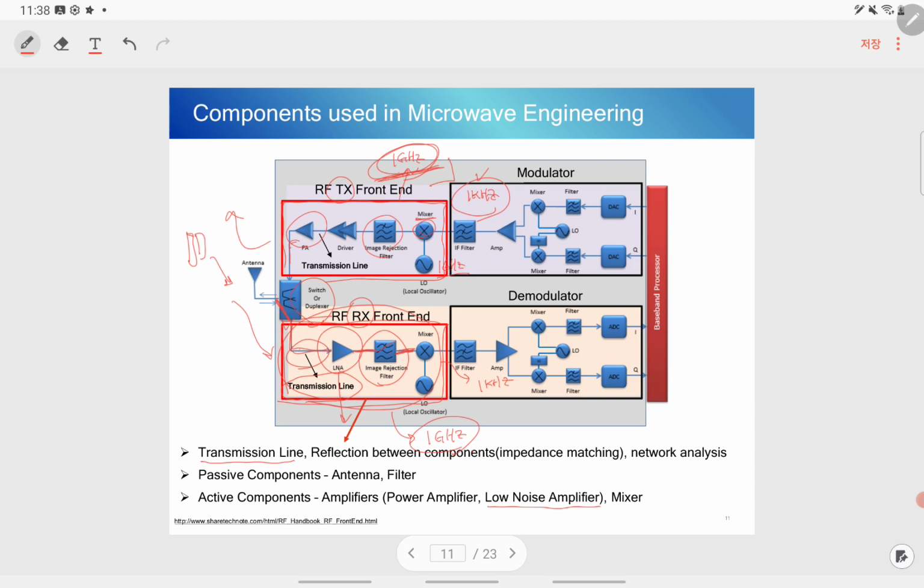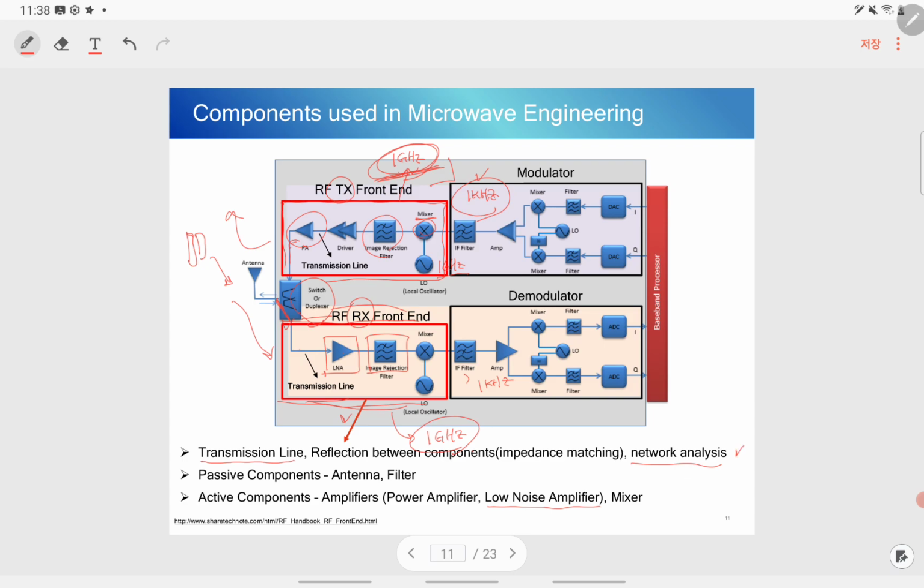Reflection between components is also an important topic in microwave engineering. Network analysis means we model each component as a network, so to study these components, we need to know network analysis.